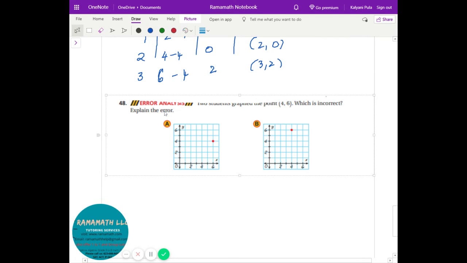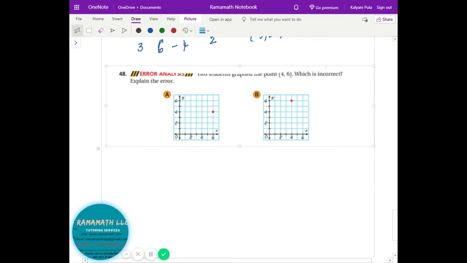So the error analysis. So the graph is like the point 4, 6. Which one do you think is incorrect? And then you tell me why it is incorrect. So the x-axis always comes first when you write down coordinates. So x will always come first, and that's the correct order, no matter the value. So in B, it shows x is 4 and y is 6.